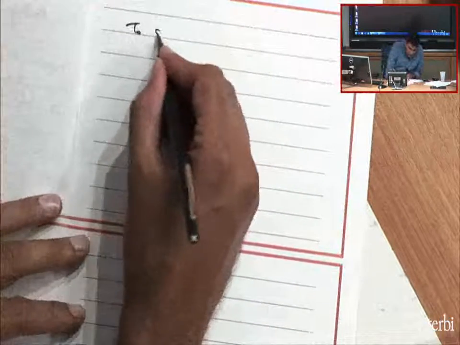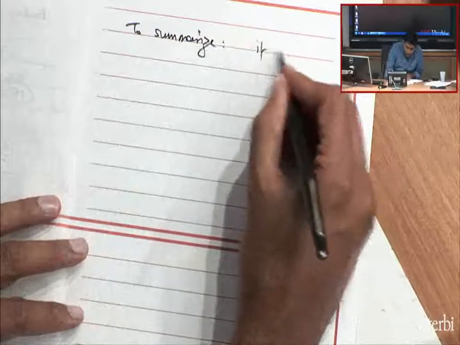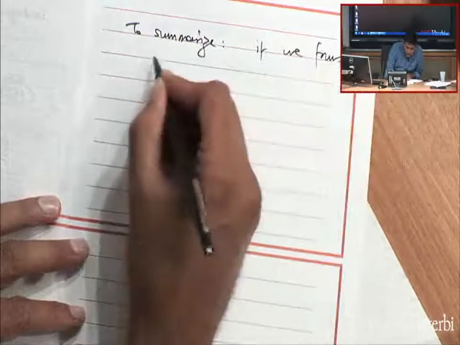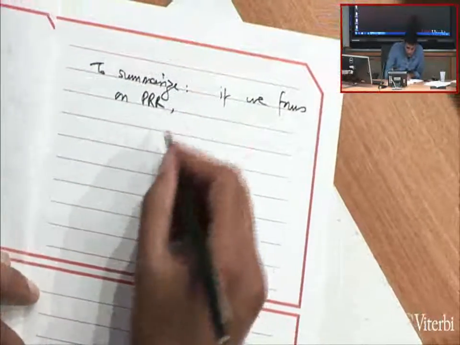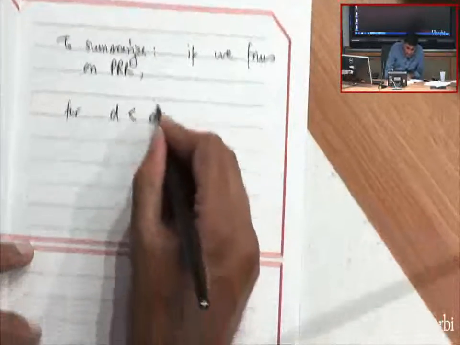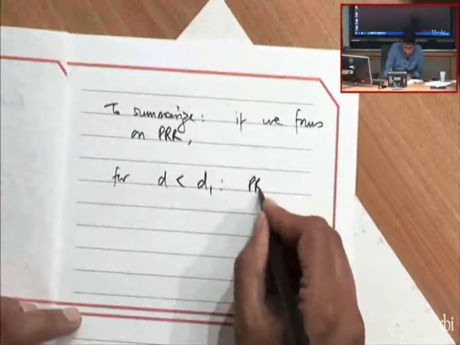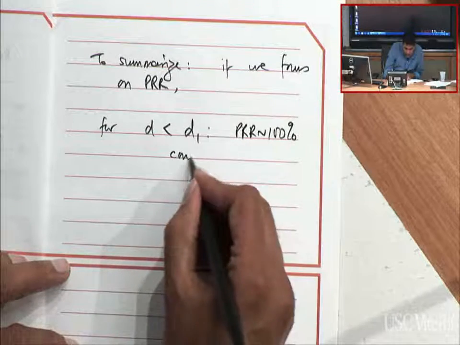So what are we saying again? Let me summarize. If we focus on PRR, this metric of percentage of packets received, for distance less than D1, PRR is close to 100%, and this is what we're calling the connected region.